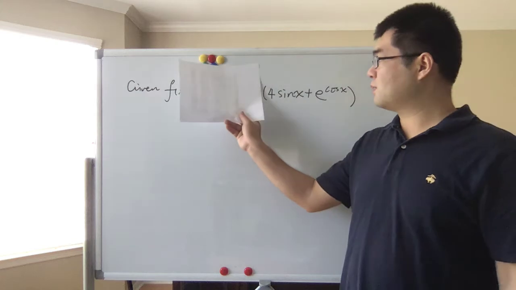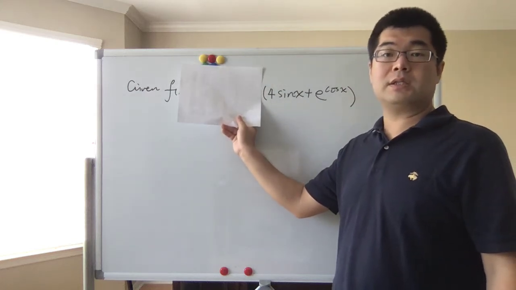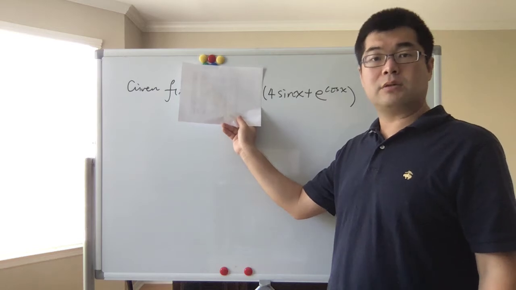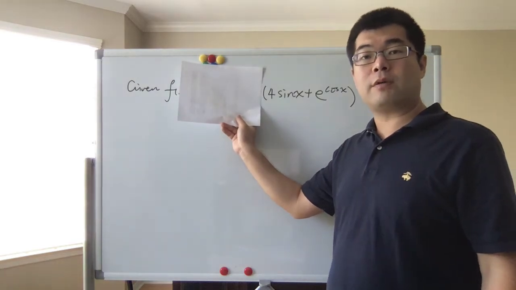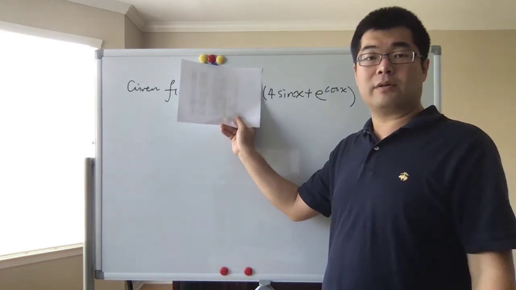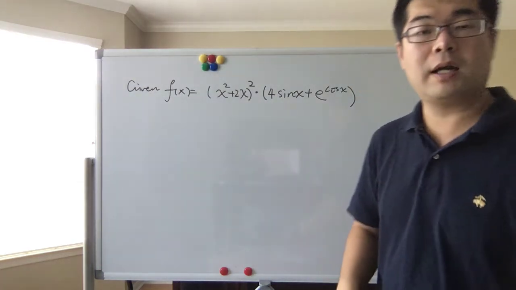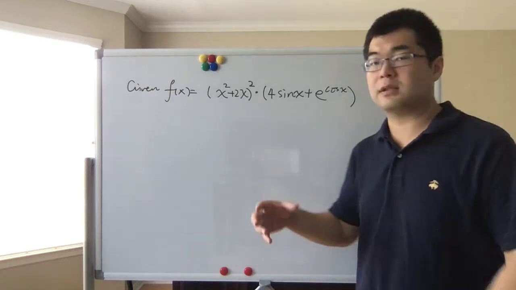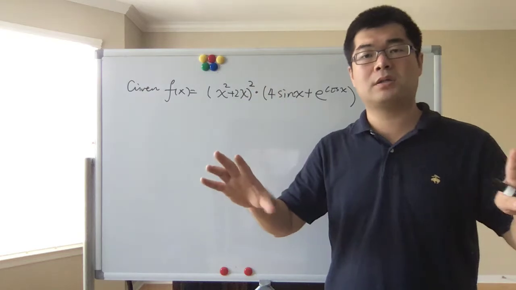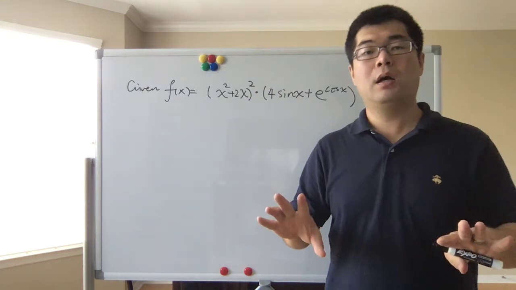But if we block this part, you can also see that the derivative of 4 sine x is easy to handle. The derivative of e to the power cosine x, you're going to use a little chain rule, right, to handle that. But right now, do you see that the big picture of this function is a product of two functions, right?